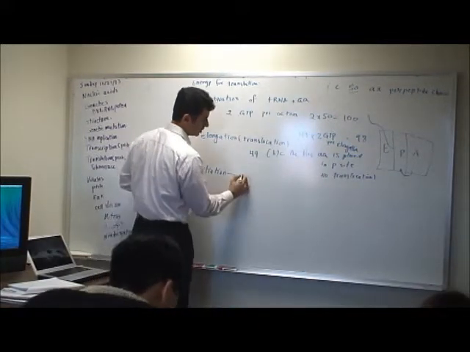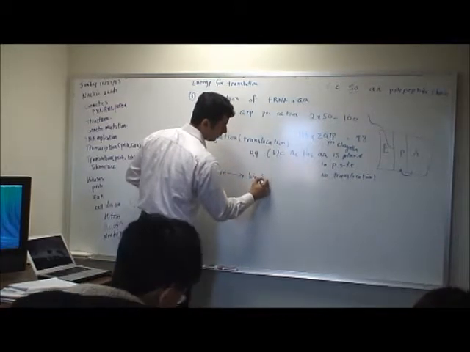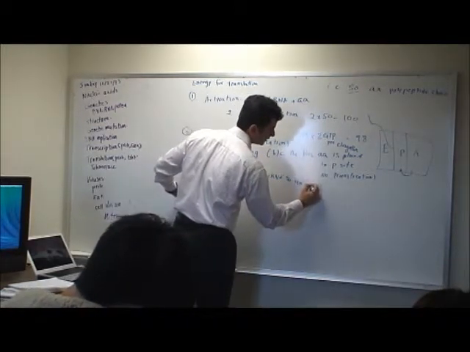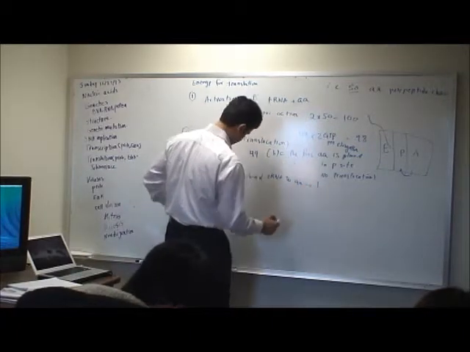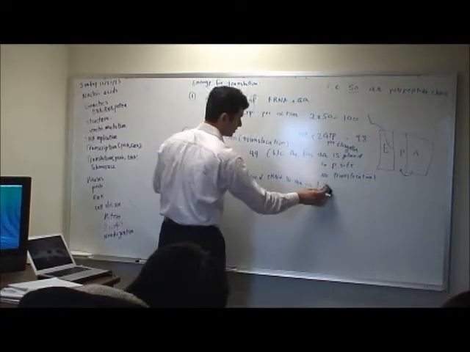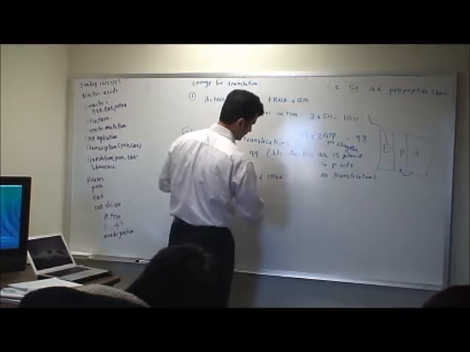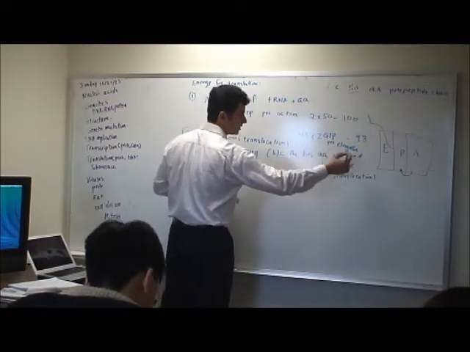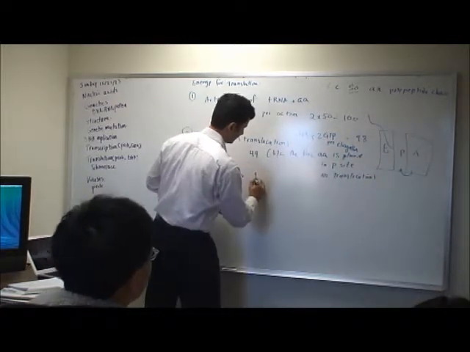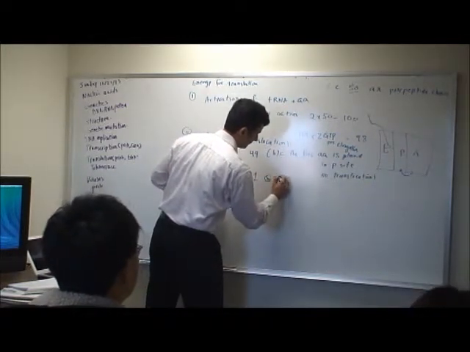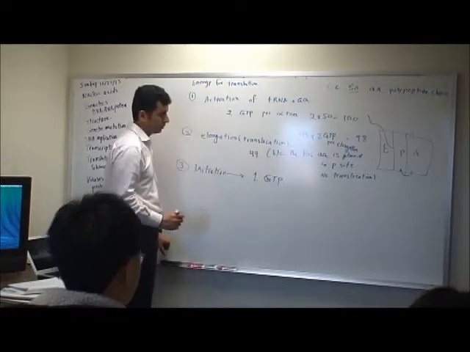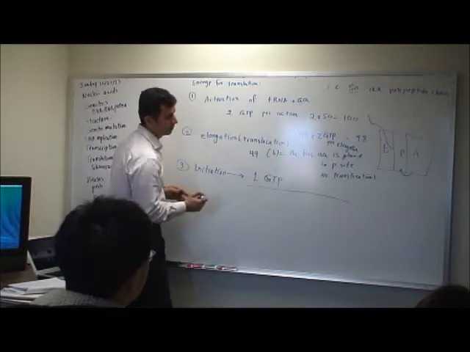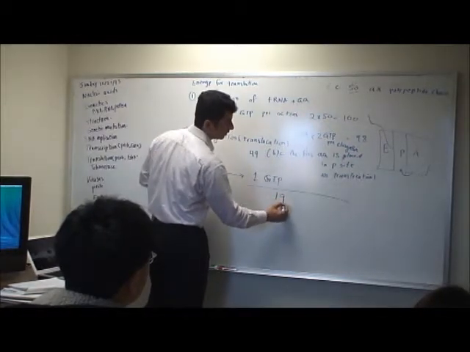Initiation, just to assemble this, for the first one to bind to the P side, you needs 1 GTP. Okay, so if you add them up together, what do we get? 199.